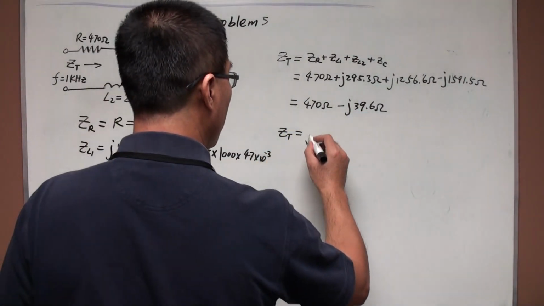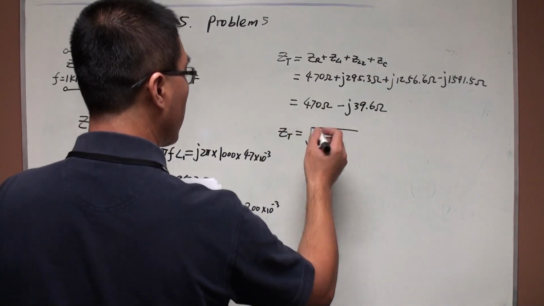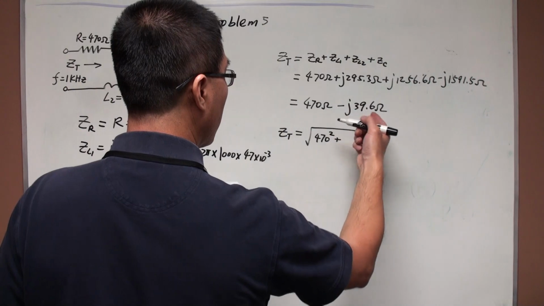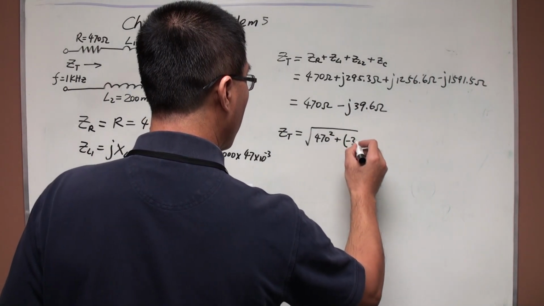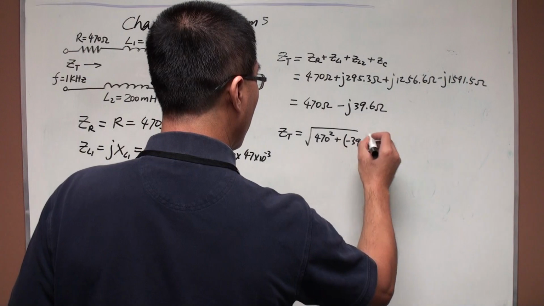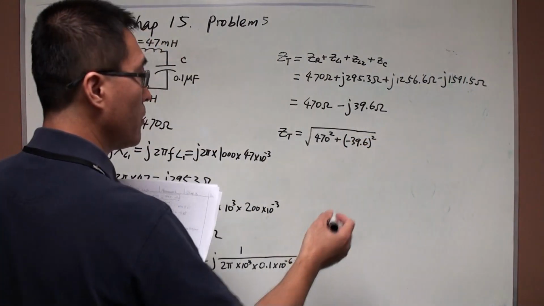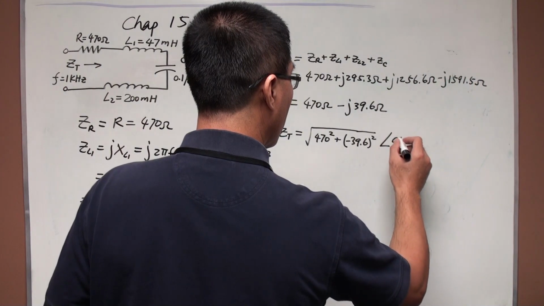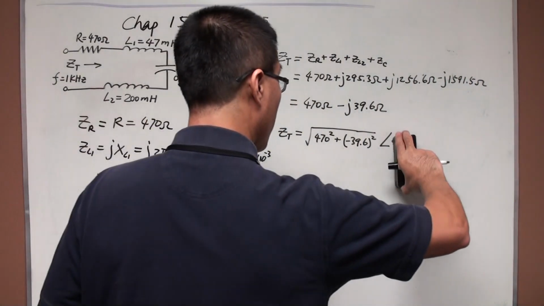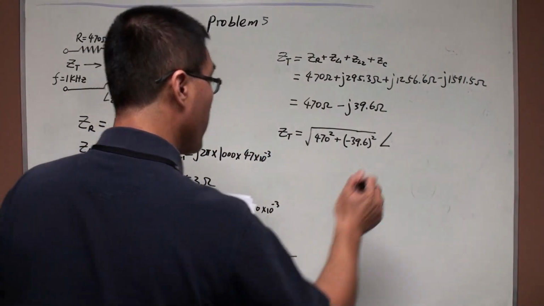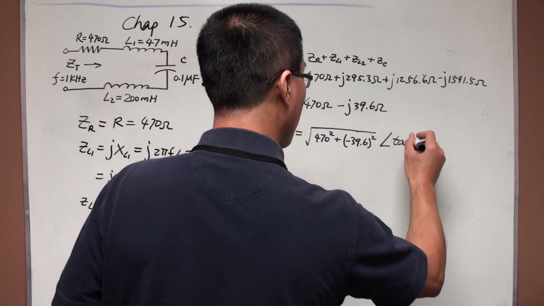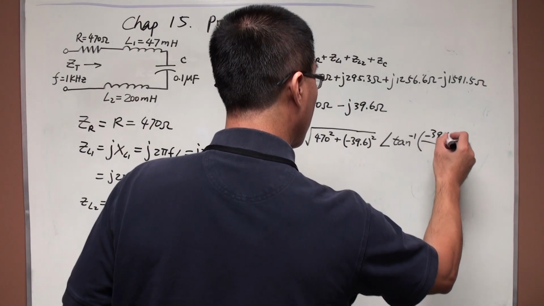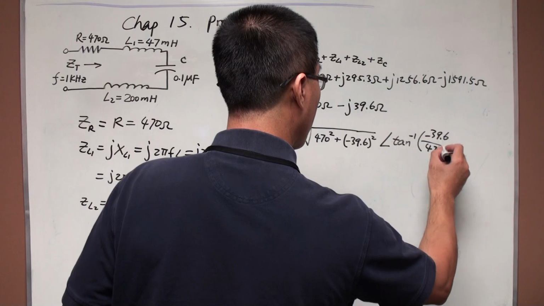So in polar form, the amplitude will be the square root of 470 squared plus negative 39.6 squared, with angle arctangent of negative 39.6 over 470.